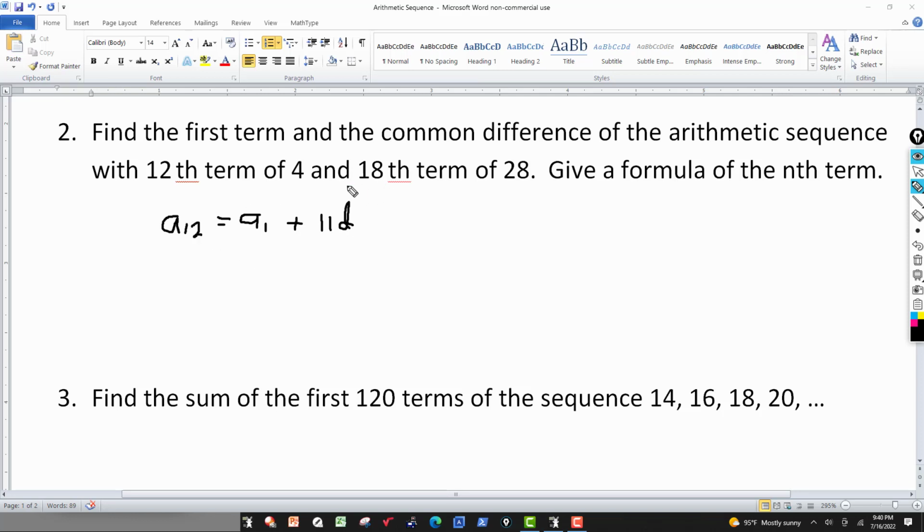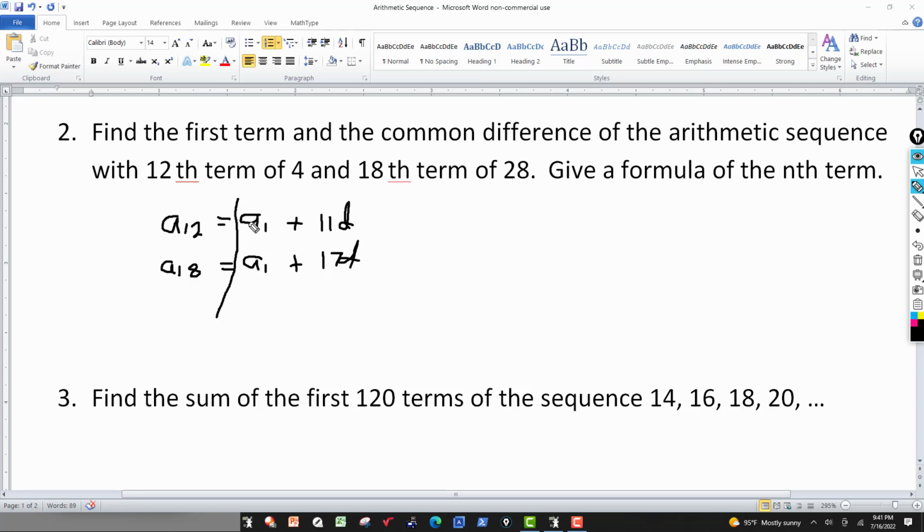And now we also know something about the 18th term, so I can say A18, again, is equal to whatever the first term is. We're trying to find that. So let's just put A1 for the first term, plus n minus 1. For this one, n is 18, so subtract 1 from that, that's 17, times the common difference D. Okay, so now we're just worried about this. We set up actually a system of equations here.